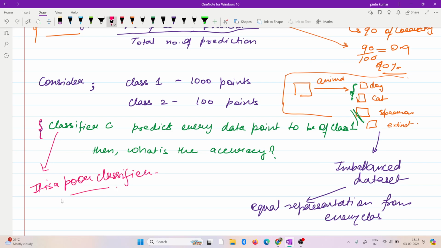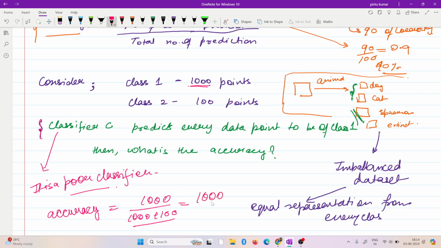But if you calculate its accuracy, it is the number of correct predictions divided by the total number of predictions. If you are predicting everything to be class 1, then you are making 1,000 correct predictions. So accuracy is 1,000 divided by 1,000 plus 100, which is the total number of predictions.